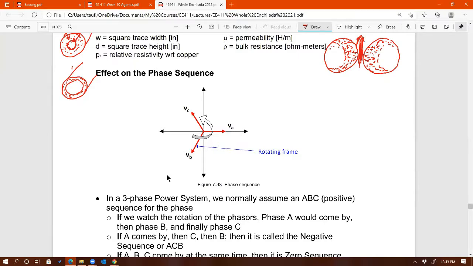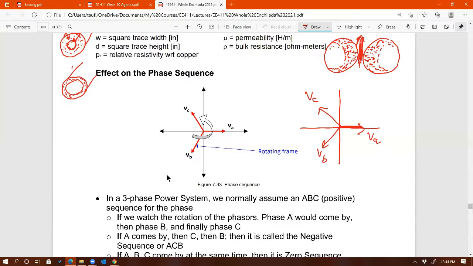Or the way we explain this is really not based on the direction of the rotation, but rather by using a reference point, a reference line in this case. So let's say I have VA right there, VB right here, VC right there. This frame ABC rotates at the same time.